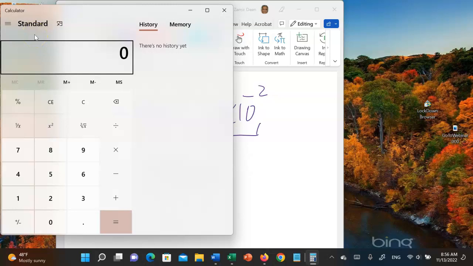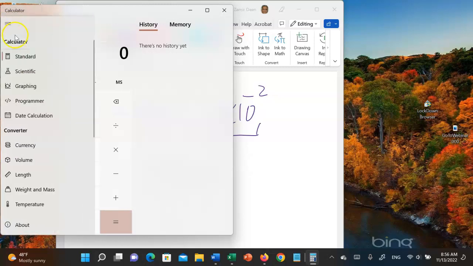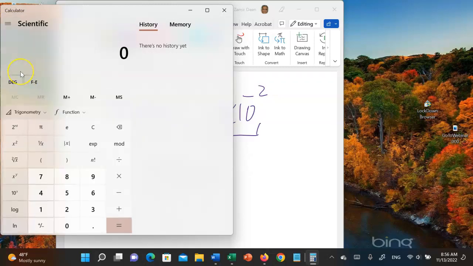So what you want to do is click on this hamburger button and select scientific. And immediately after that, you see these two buttons? You have to select this one and watch how the format changes here. So click on this, and now you're in scientific format.